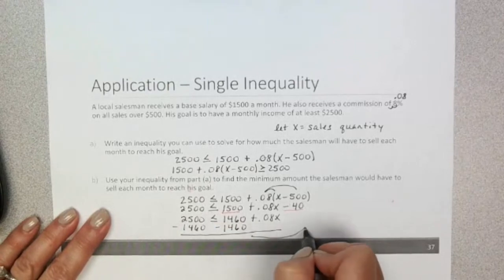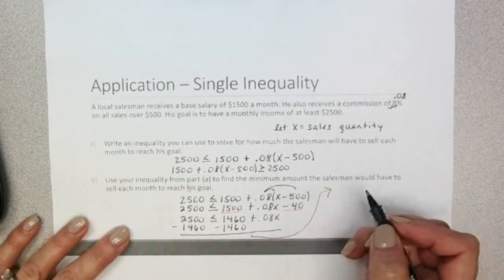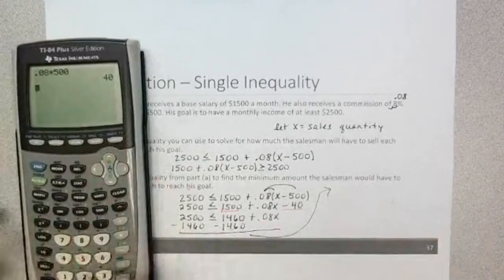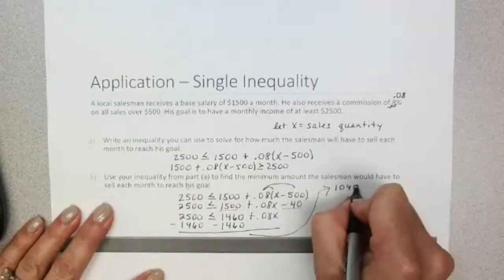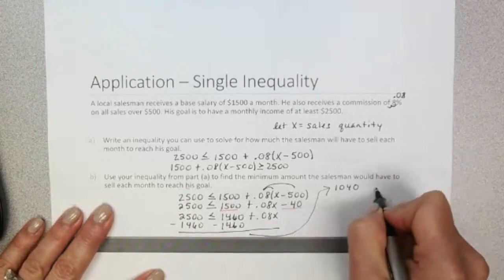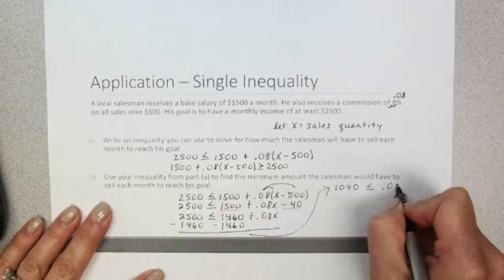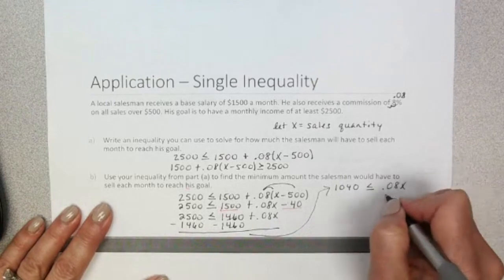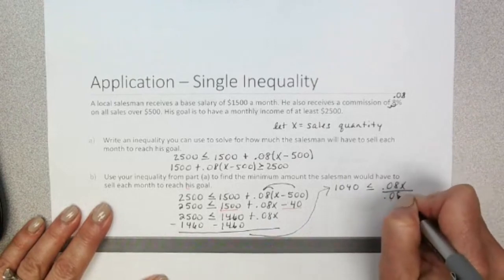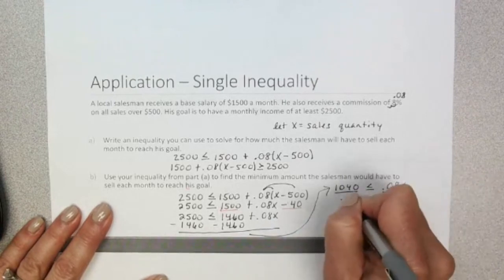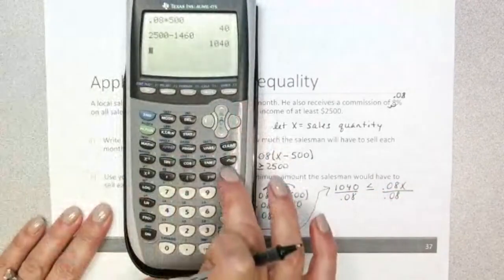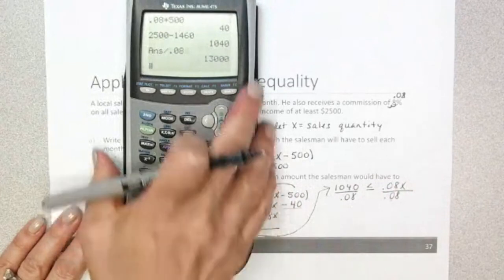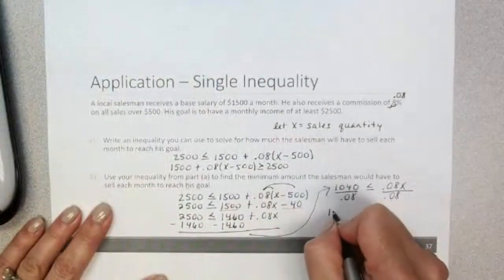I'm running out of room, so I'll go up here to finish it. 2,500 minus 1,460 is 1,040. So 1,040 is less than or equal to 0.08x. Let's divide both sides by 0.08. 1,040 divided by 0.08 is 13,000.